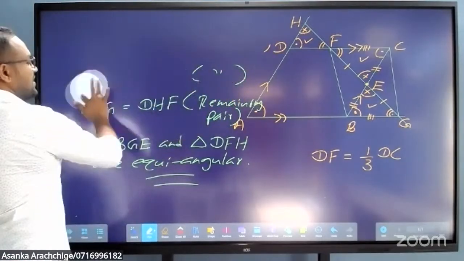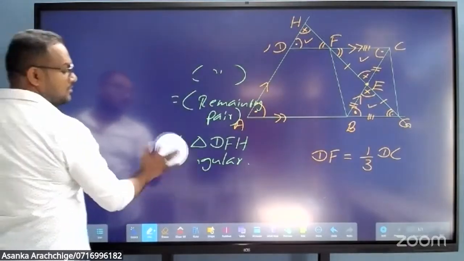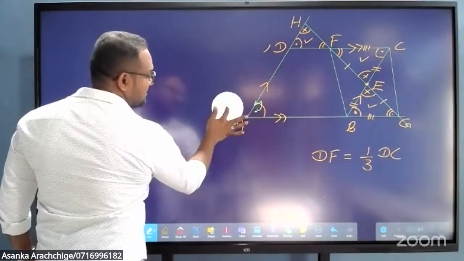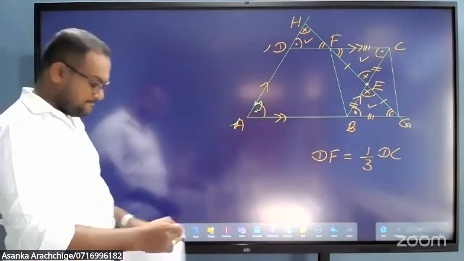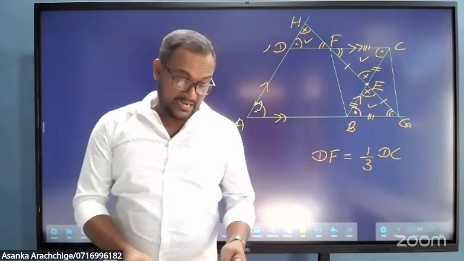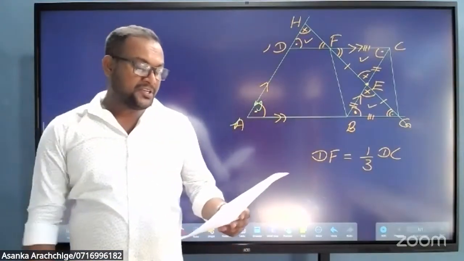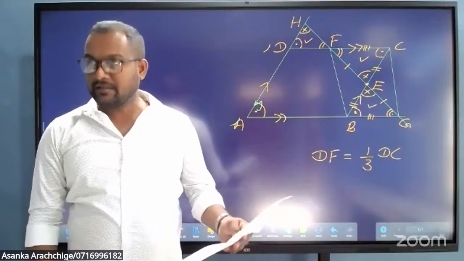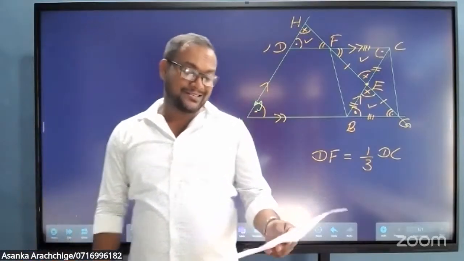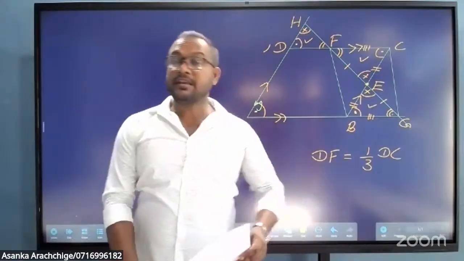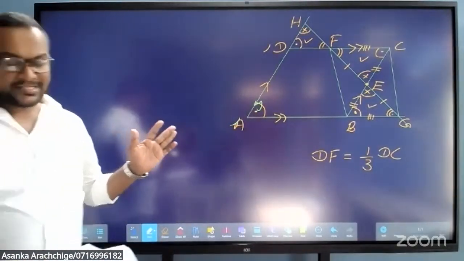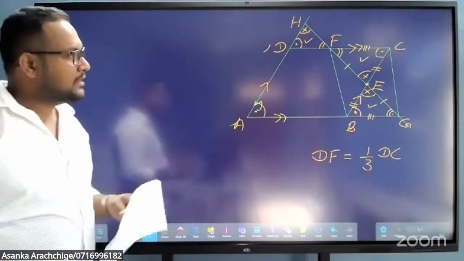Now we are on the last part of that question. Show that DH is equal to 1/4 AD. We have to show that DH is 1/4 AD.